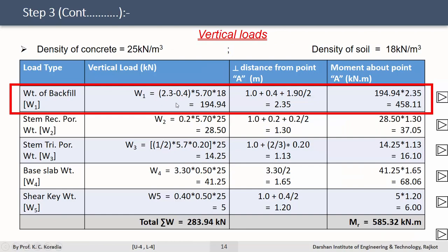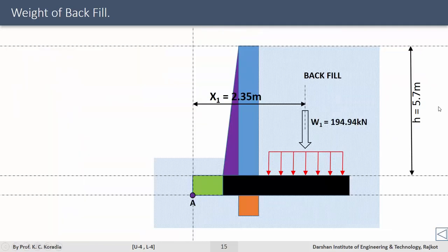Width of heel slab multiplied by 5.7 into the density of soil will give total weight of soil on heel slab. Its distance from point A will be equal to 1 meter plus 0.4 meter plus width of heel slab divided by 2. That comes out to be 2.35 meter.